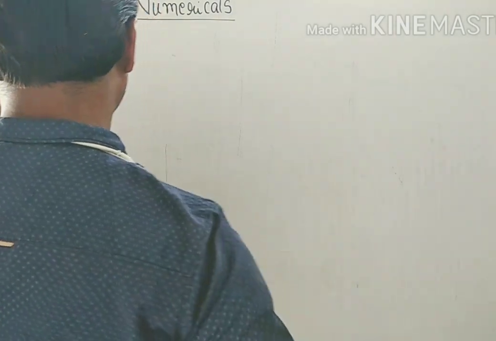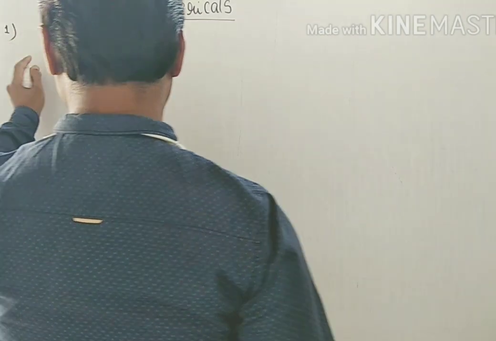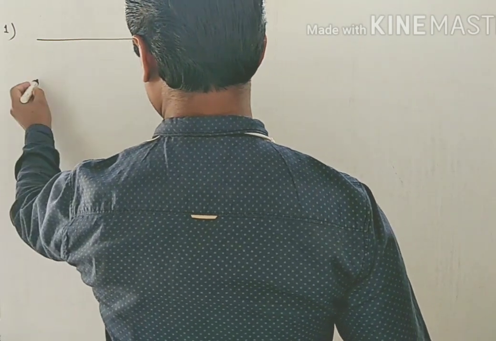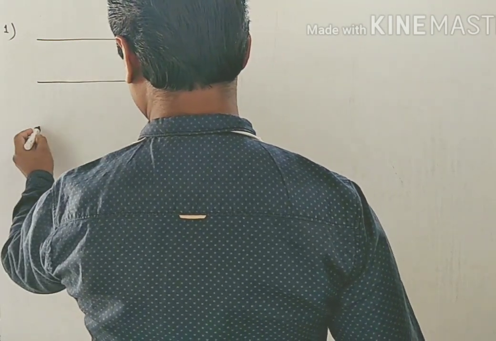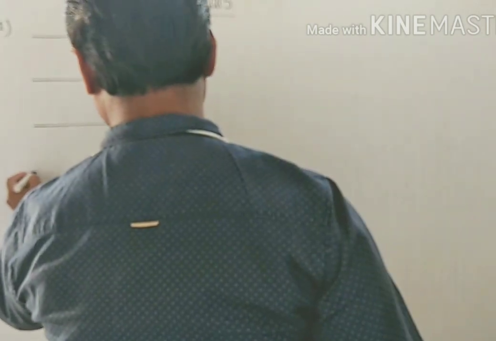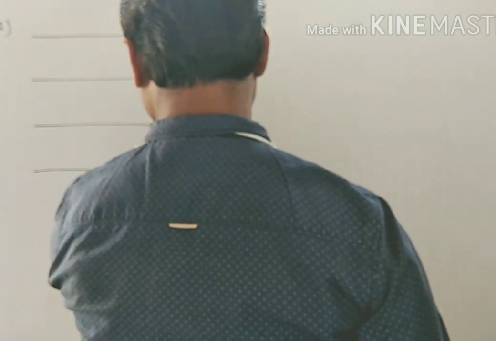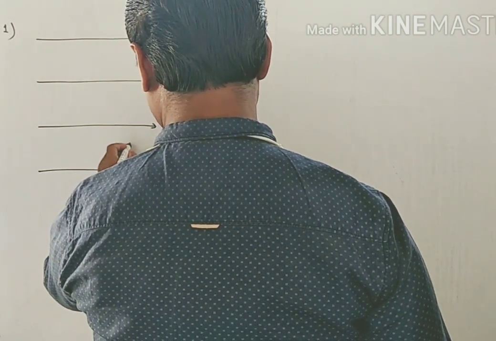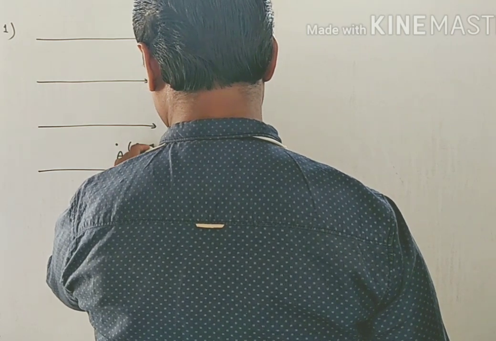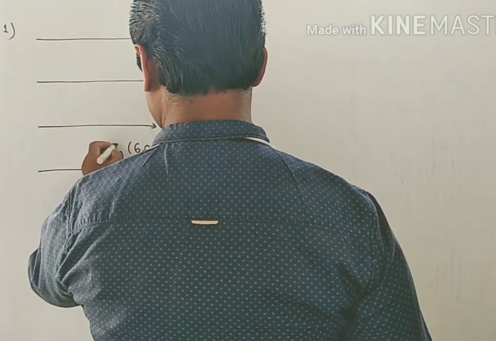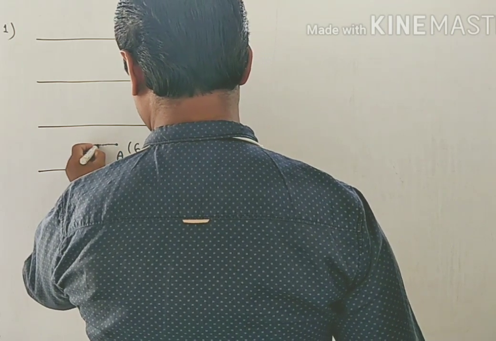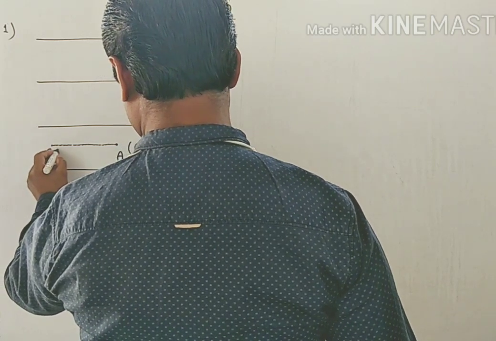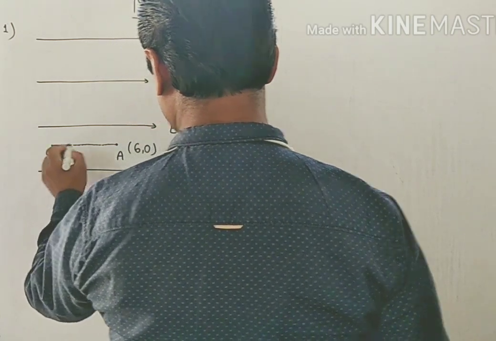So I'm just drawing the diagram for the first question so that we can have a better idea. Here the electric field is given to be uniform, and in this uniform electric field E, the test charge is kept at point A, which has coordinates (6, 0), and it is shifted to finally point C, where the coordinates are (2, 0).